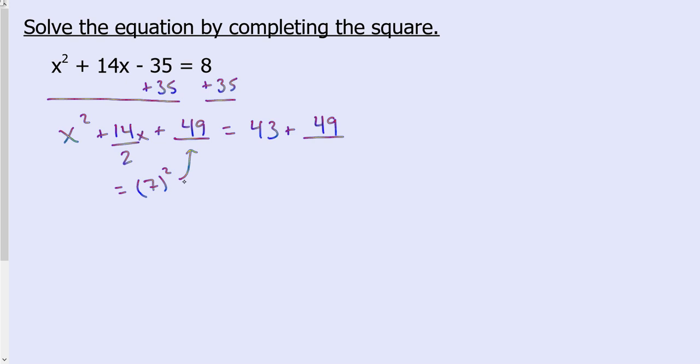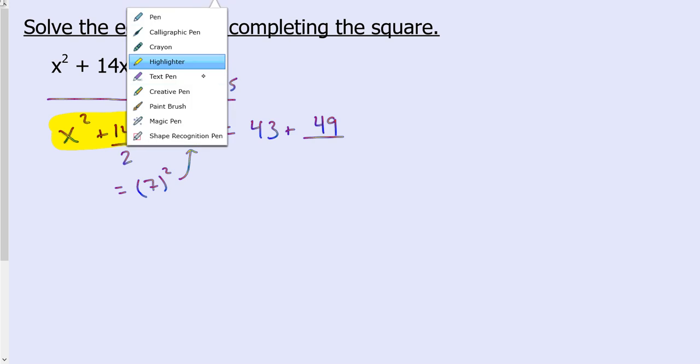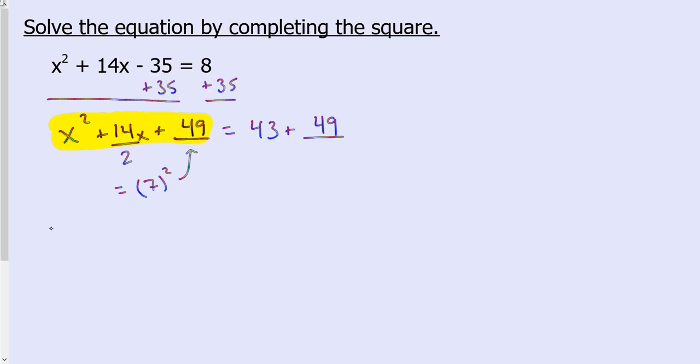side. Okay? So now I have a perfect square trinomial factorization that I can do over here with x squared plus 14x plus 49, right? Okay, it's going to end up factoring into x plus, what's this number? 7 squared.